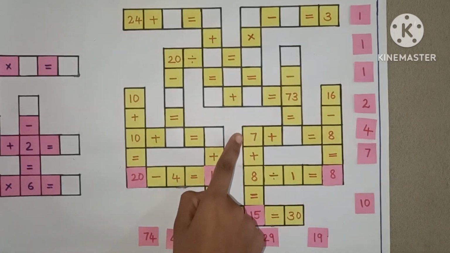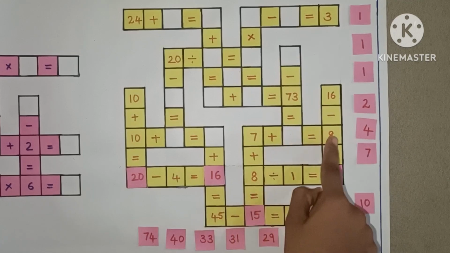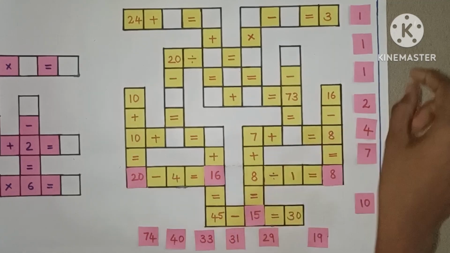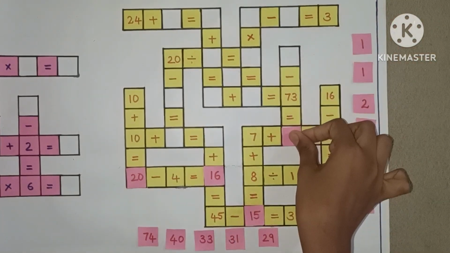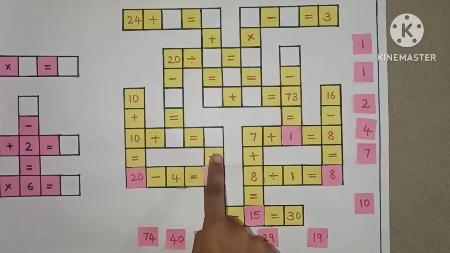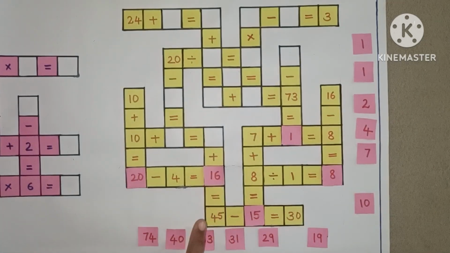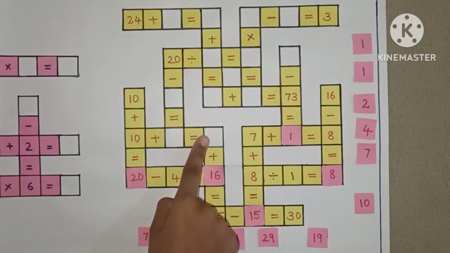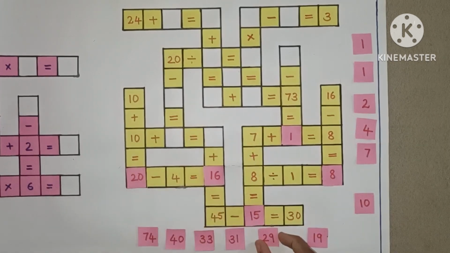Then 7 plus dash equal to 8. It's 7 plus 1 equal to 8. Dash plus 16 equal to 45. It's 29.